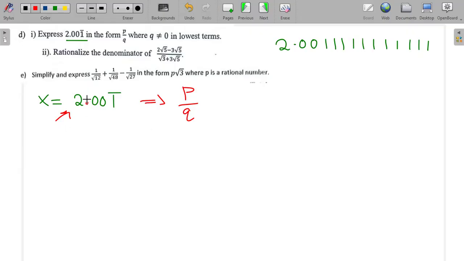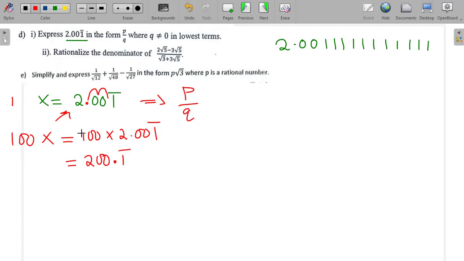For the first number, I want to move this decimal place 2 times. If I move it 2 times, it's the same as multiplying this side by 100. So I have 100x equals 100 multiplied by 2.001 bar, which becomes 200.1 bar.